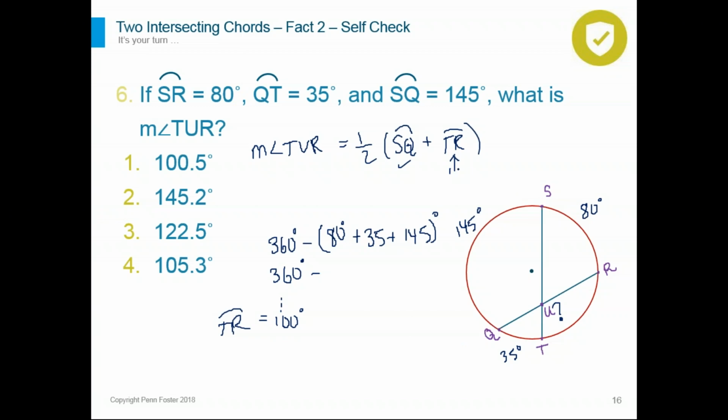So we know now TR, we know SQ. Take half of that sum, and that will give you the measure of angle TUR. So the measure of angle TUR equals, following the formula on the top, half times SQ, given as 145 degrees.